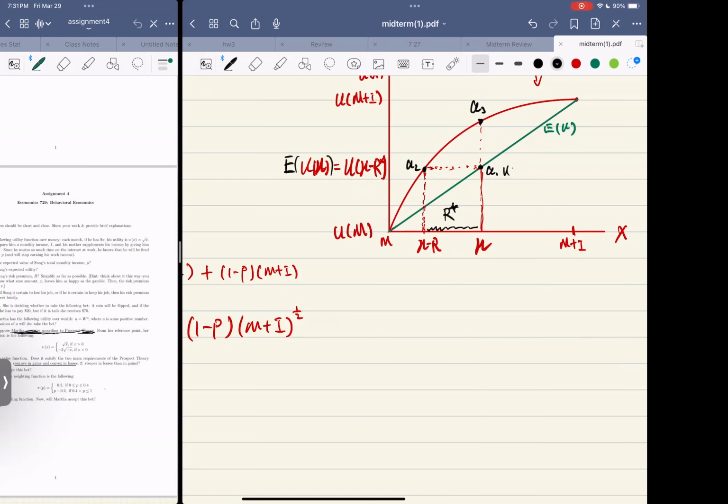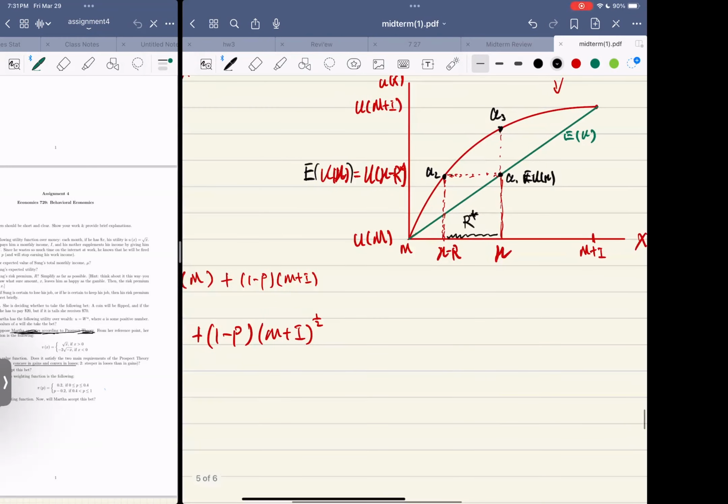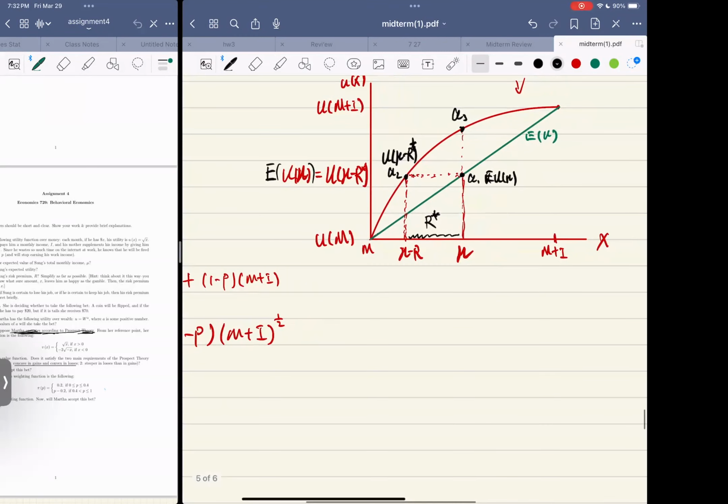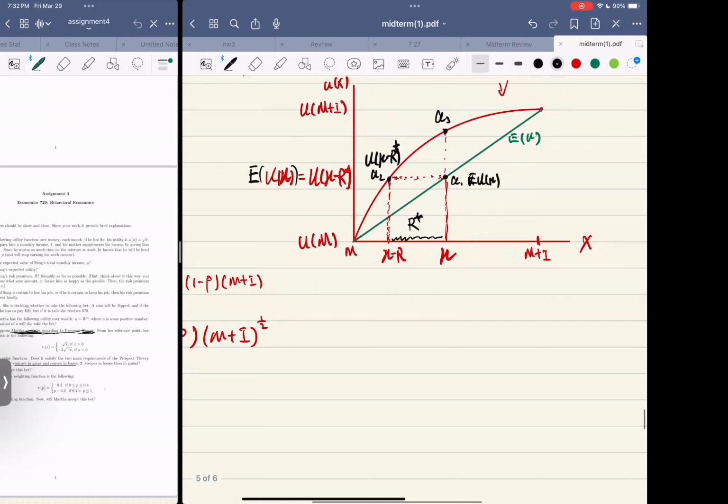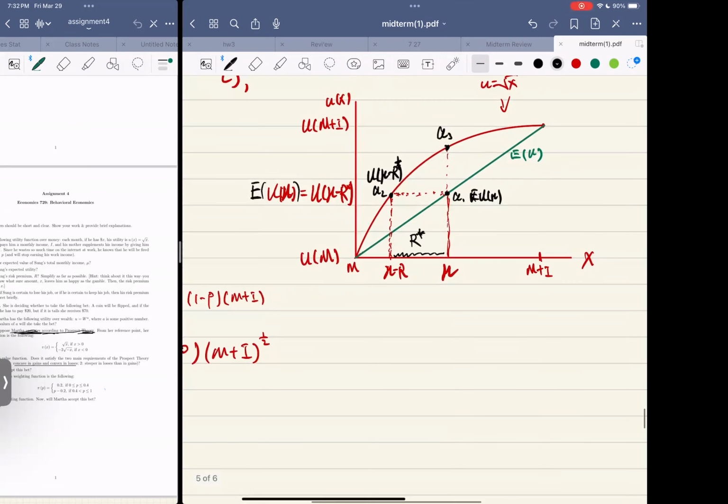This is the expected utility of mu. And this is the utility of mu minus r. And then point A3 is when we have certainty, which is U of mu.